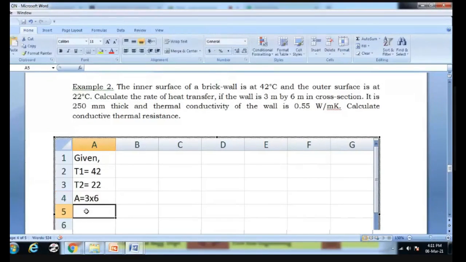Then what do you have again? Thickness. dx you have, the thickness of the wall. It is 250 mm. I should mention these units. Okay, this is degree Celsius. Okay, fine. And what is given? K is given again. K is 0.55 watt per meter Kelvin.